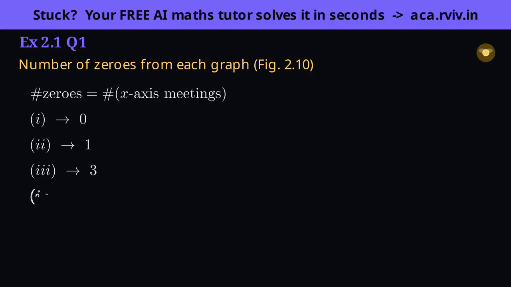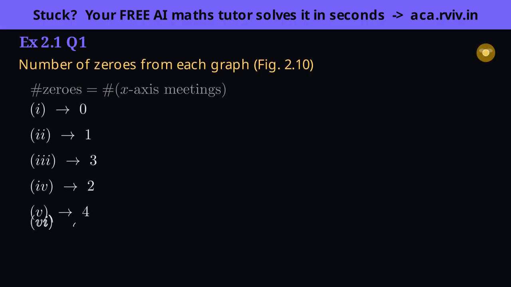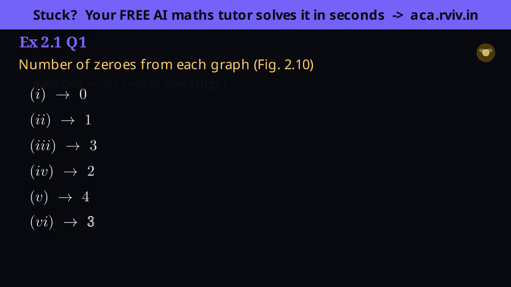Graph 4 dips down and back, meeting the axis twice, so 2 zeros. Graph 5 weaves across the axis 4 times, so 4 zeros. And graph 6 meets the axis at 3 points, so 3 zeros.